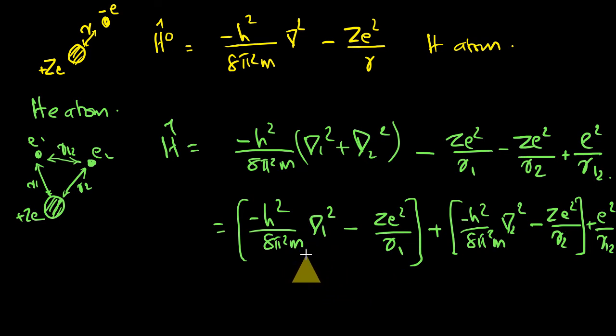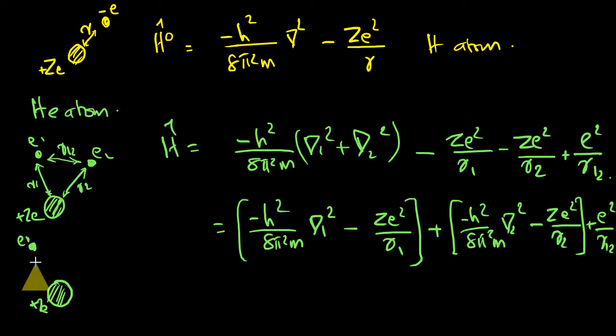And now you look at this part of the Hamiltonian, which is inside the first bracket. So this is minus h square divided by 8 pi square m del 1 square minus Ze square divided by r1. What is that? We are considering the same nucleus with the plus Ze charge, but there is only electron 1. Electron 2 is kicked out from the system. So now this is a two particle system with the nucleus and electron 1.